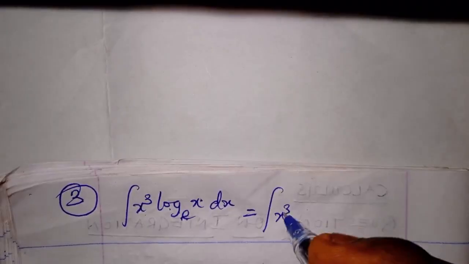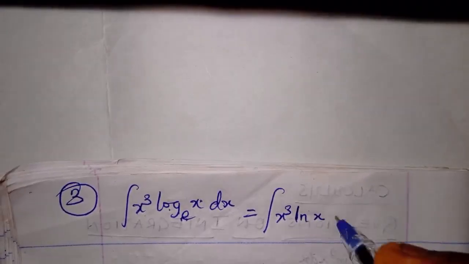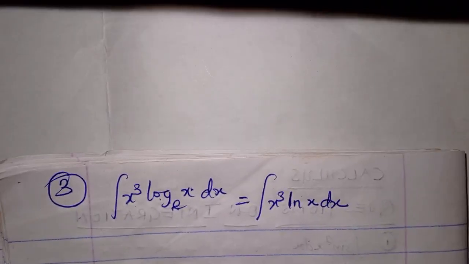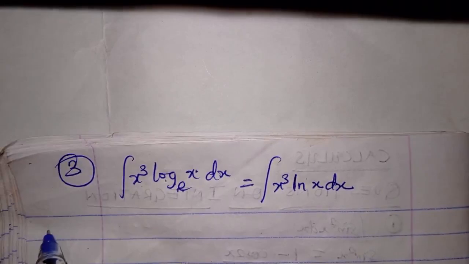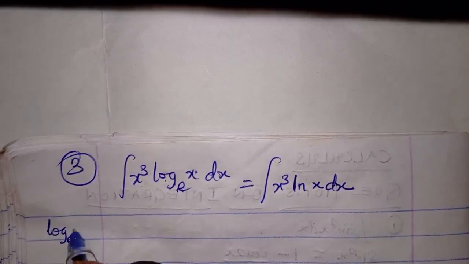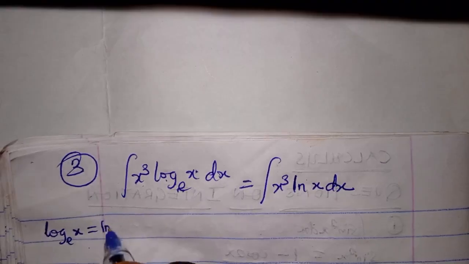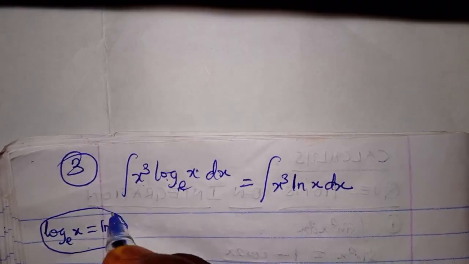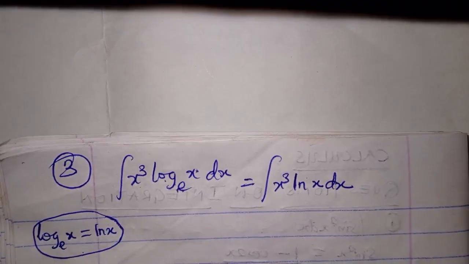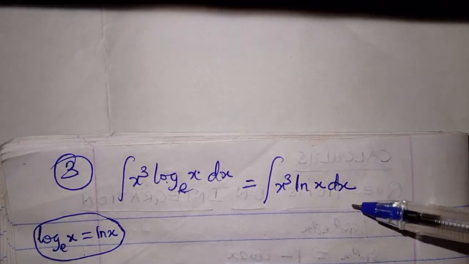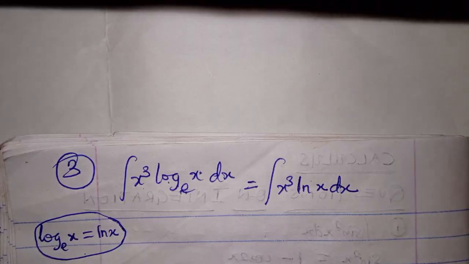So we can write this integral as the integral of x cubed ln x dx. They are the same. Take note of this. So we can evaluate this integral using integration by parts.